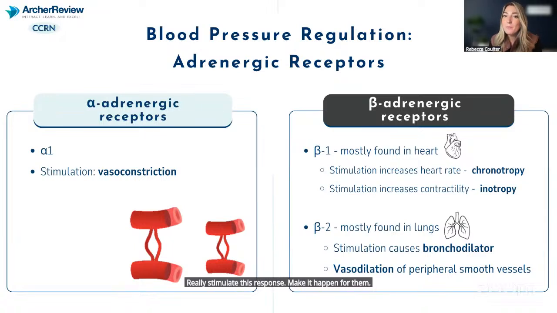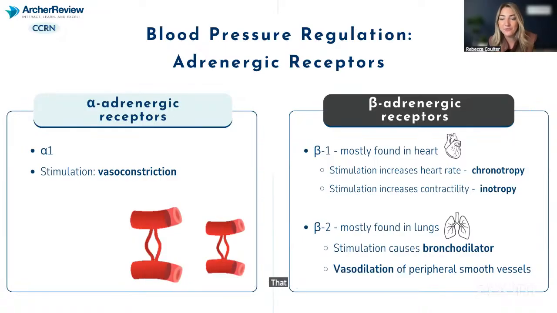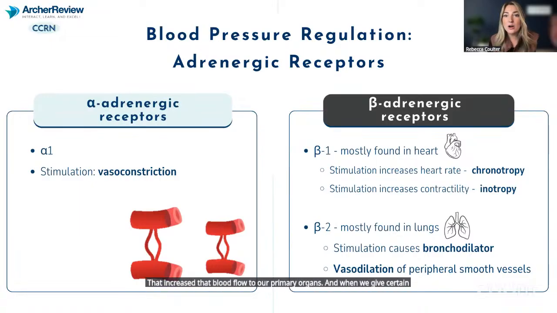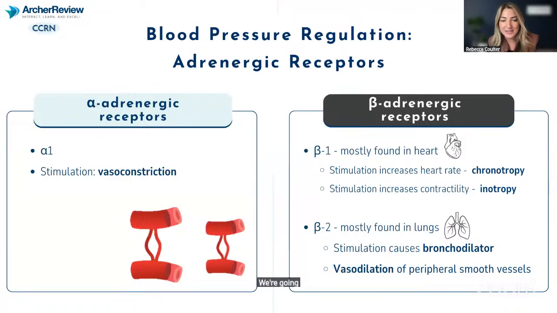What we're hoping to do is cause a variety of reactions that increase blood flow to our primary organs. When we give certain medications or our body is in that sympathetic response, we're going to act on these adrenergic receptors.